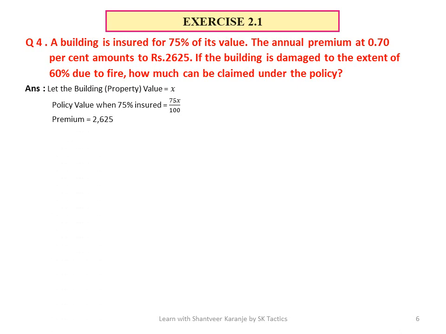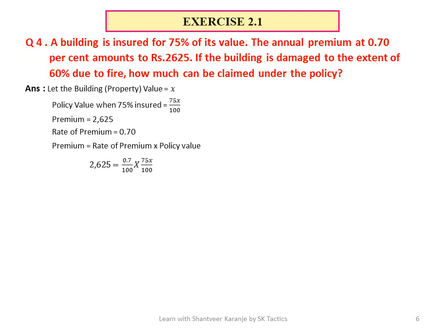Now premium is given 2,625 rupees. Rate of premium is also given, it is 0.7, and by using premium is equal to rate of premium into policy value, we can calculate the property value, meaning the value of X.